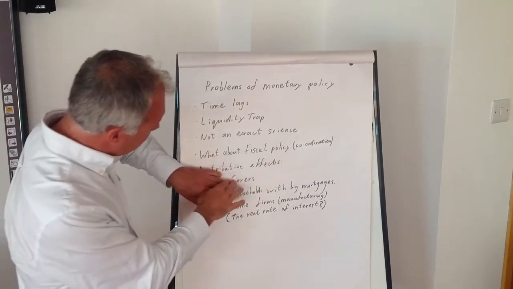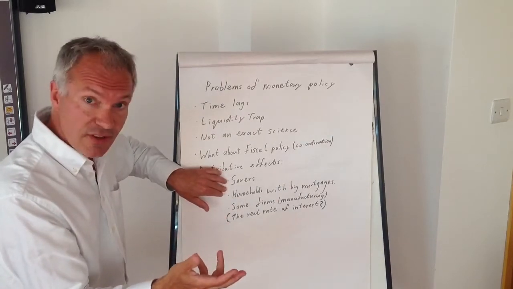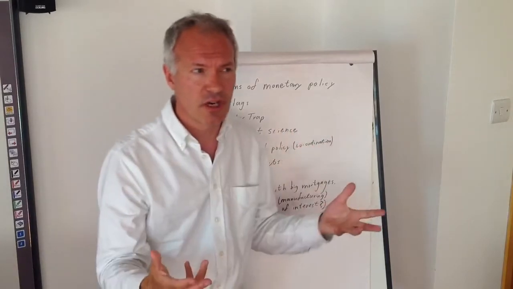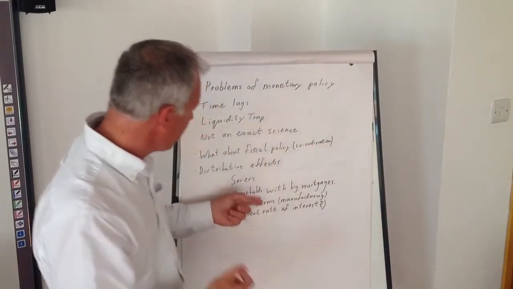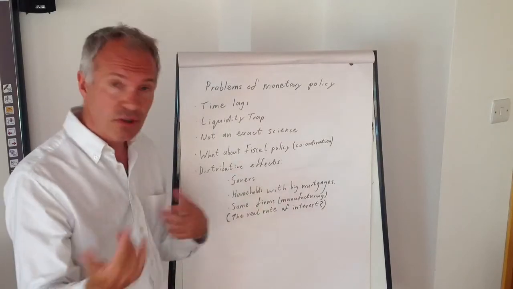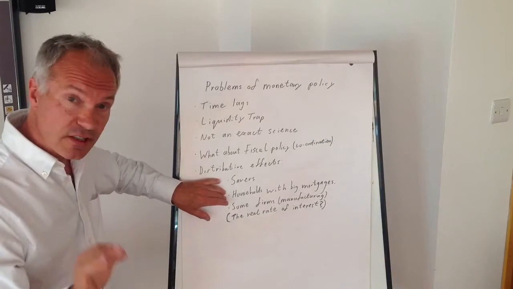So it affects savers, particularly those who are retired, depending on their lifetime savings. It'll affect households with big mortgages. If you're a first-time homeowner and you have a huge mortgage, then a small increase in the interest rate could really reduce your effective disposable income. So they're affected disproportionately.